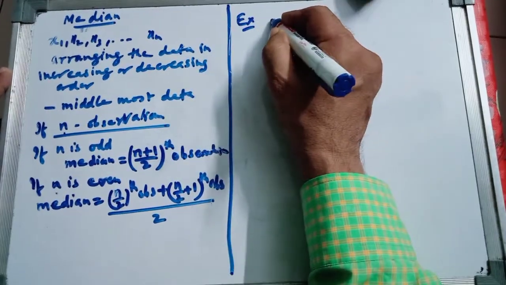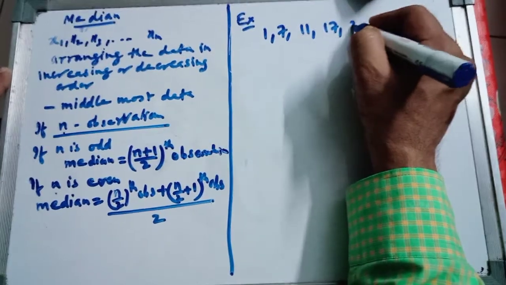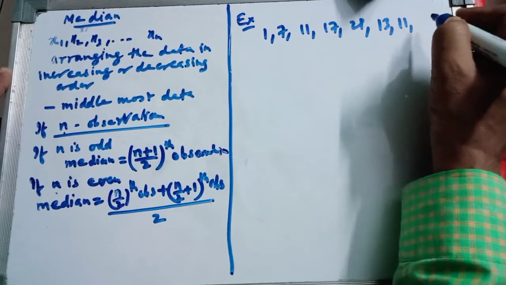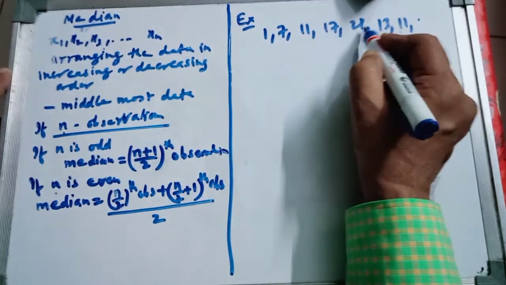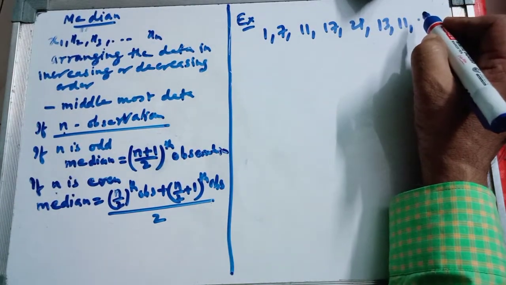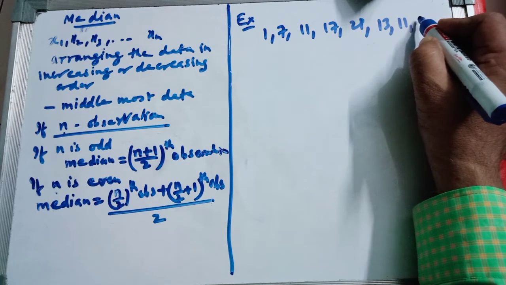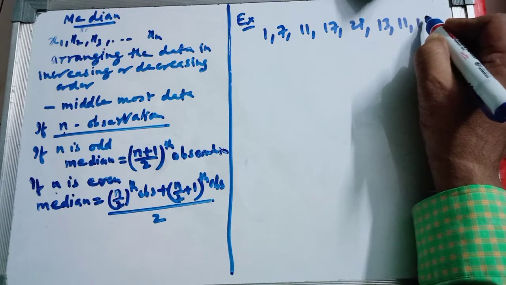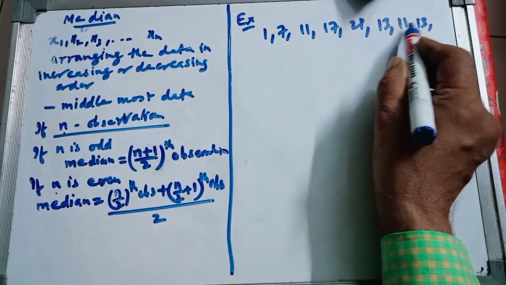Find the median of 1, 7, 11, 17, 29, 13, 11, 3, 4, 5, 6, 7, and say one more number I'm writing. 1, 2, 3, 4, 5, 6, 7, 8.